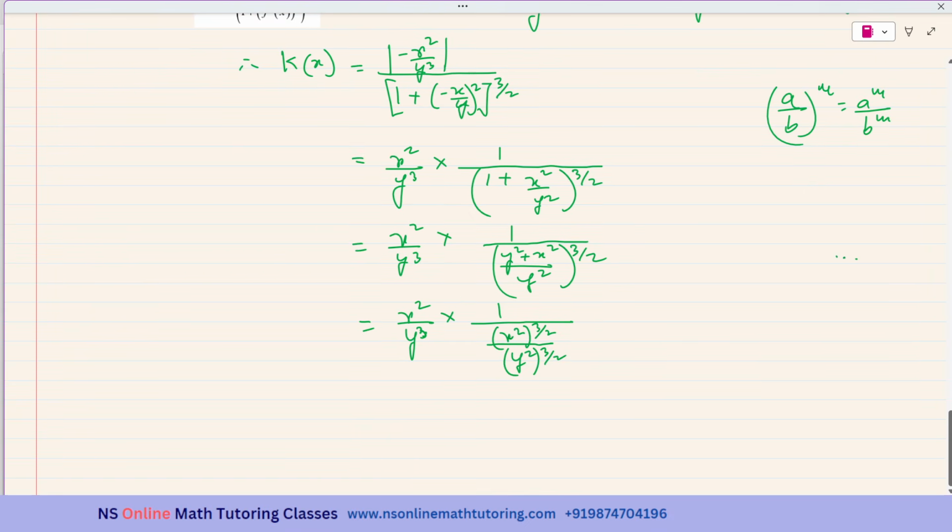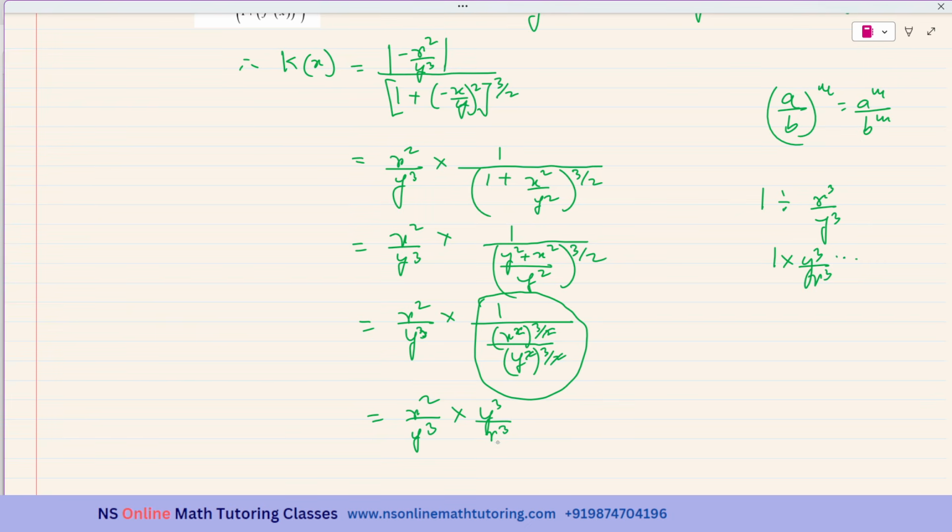So these two will be getting cancelled and these two will be getting cancelled. And if you consider just this part, it is 1 divided by r cube over y cube. So this will be 1 multiplied by y cube over r cube. So this is equal to r square over y cube times y cube over r cube.